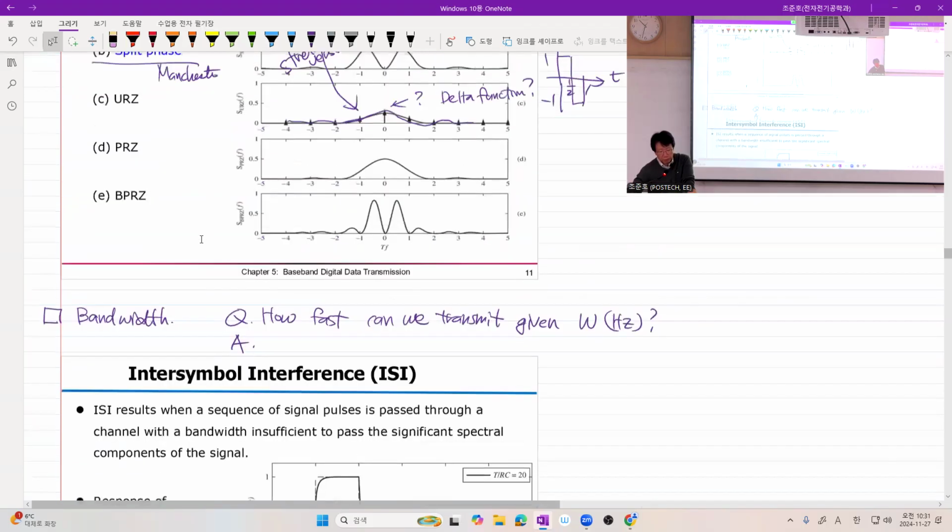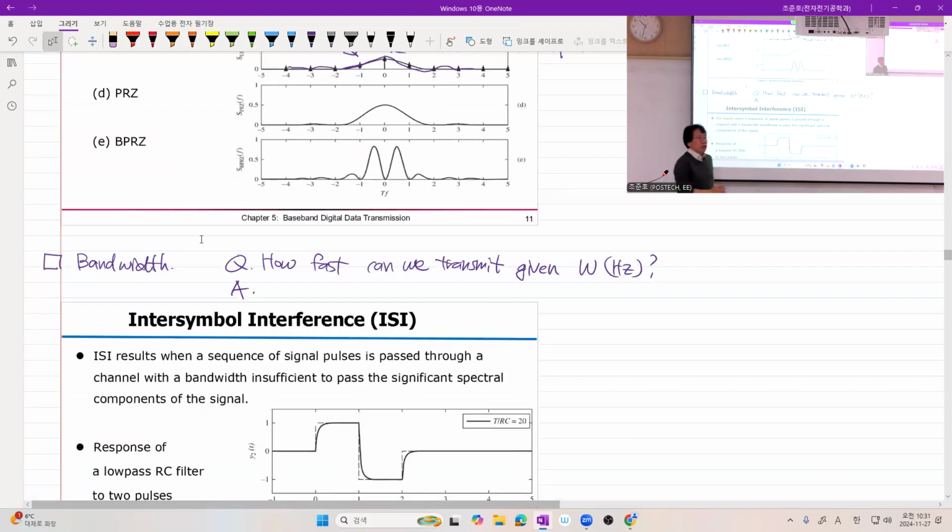Now, here goes an interesting question. We know that in communications, bandwidth or spectrum is the most important and scarce resource, especially in radio communications, where our signal may propagate a large distance. In the short distance, cable must be better.